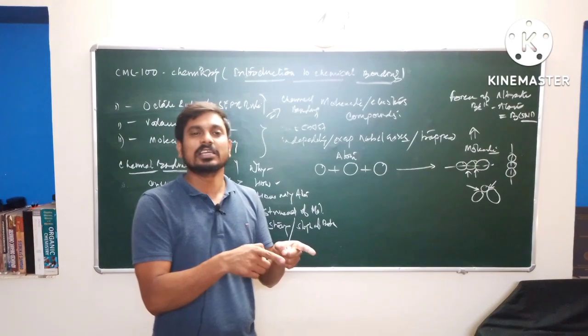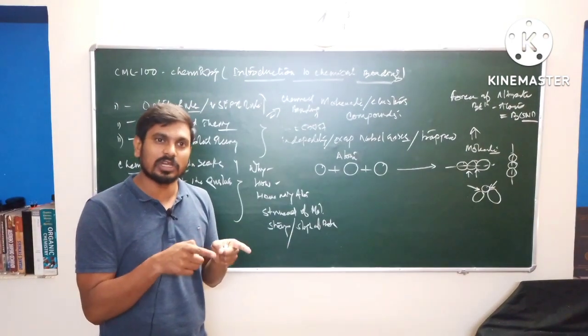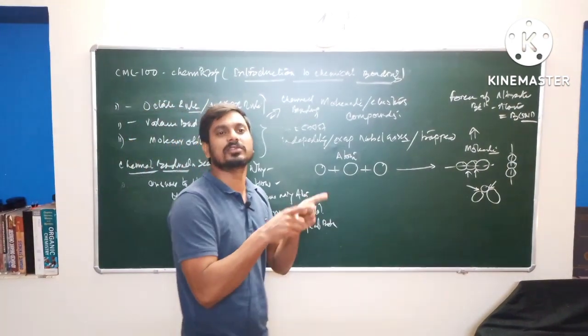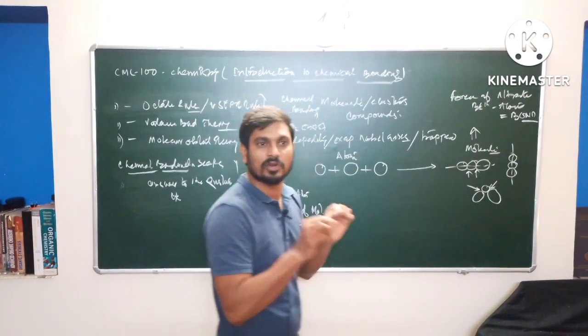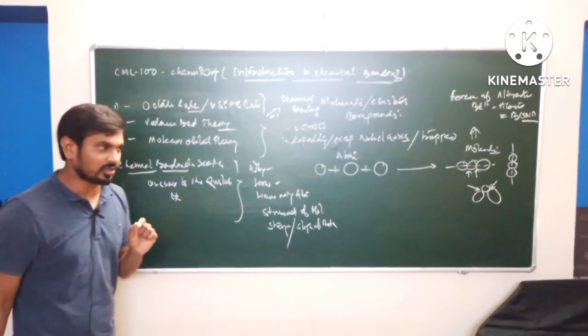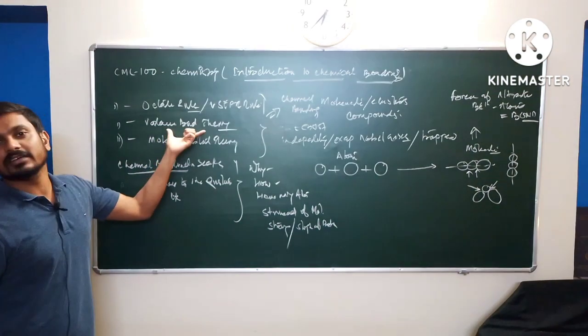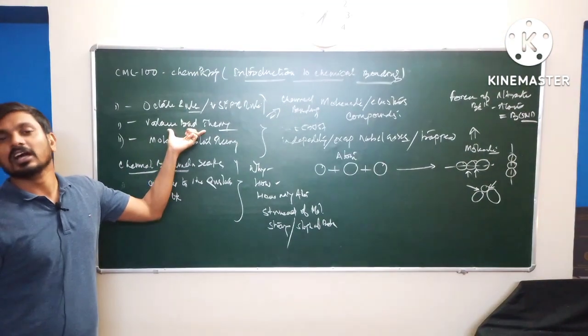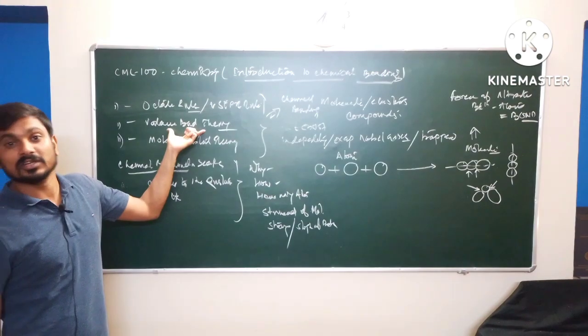So in a normal situation it can combine with only 4 atoms, or the 4 electrons of the next atoms, to attain the noble octet structure. So this is the theory which addresses how many atoms any atom will combine with.